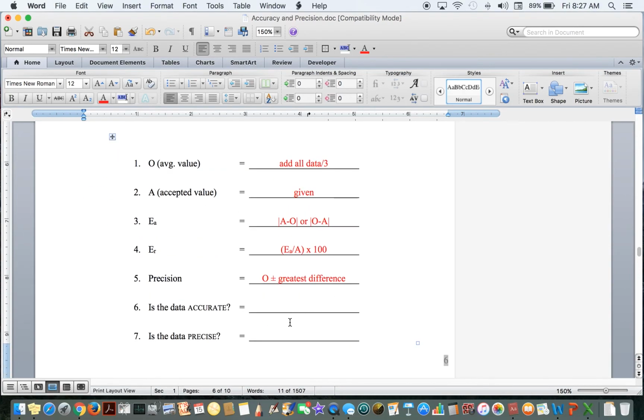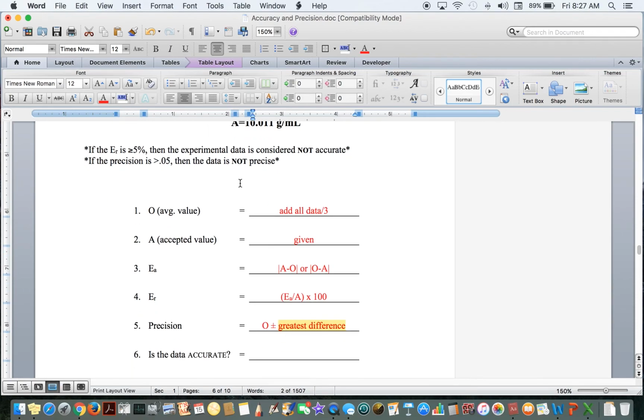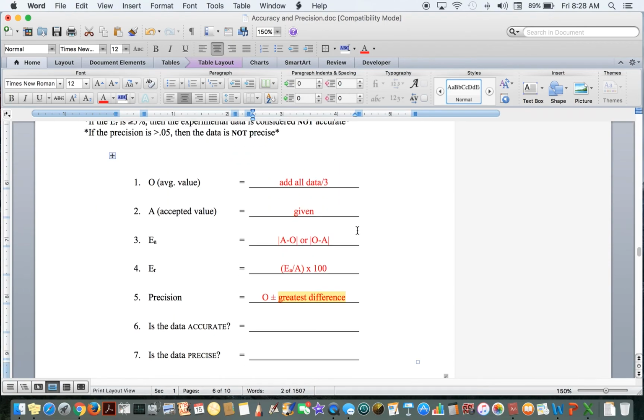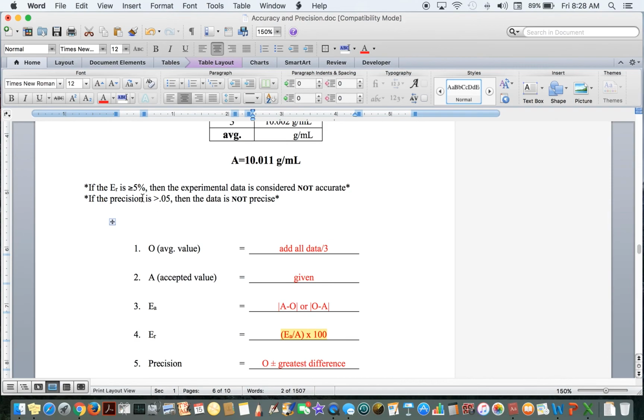So whatever this number is here, it should be less than 0.05 to be precise. Or if this number here is greater than 0.05, it is not precise. The same thing with our accuracy. If this number here, after the calculation is done, is greater than or equal to 5%, then the data is not accurate.